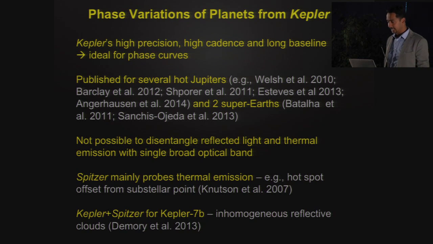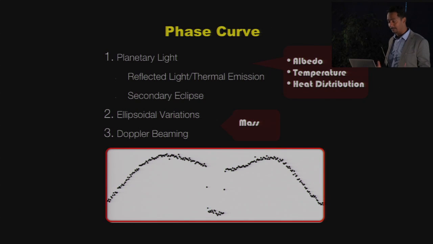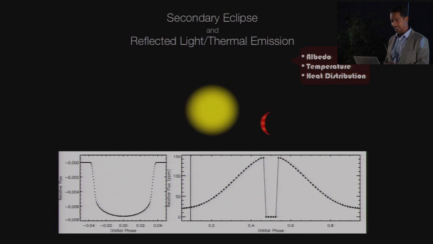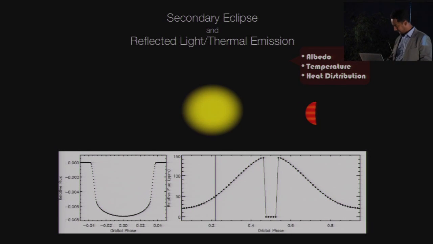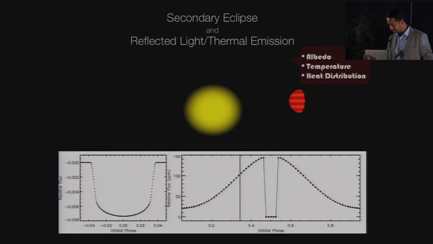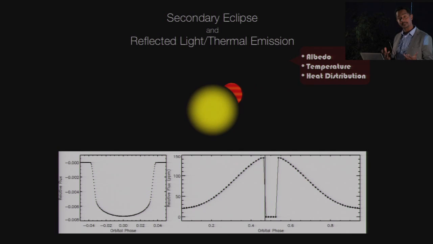As you probably know, a phase curve is a combination of three different independent phenomena. The light from the planet itself, which is a combination of reflected light as well as thermal emission, contributes obviously to the phase variation, and that depends on the albedo of the planet, the temperature, and the heat distribution between the day and night sides of that planet.